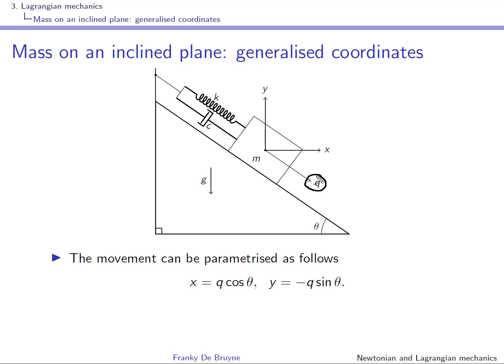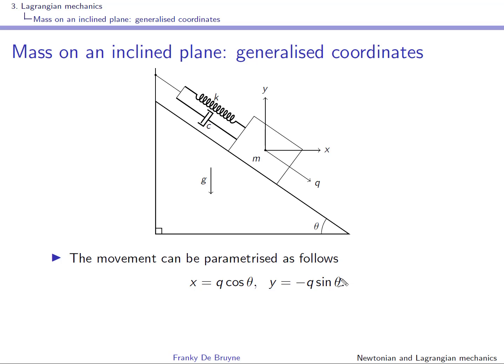And if you would use the standard Cartesian reference frame XY, you can look for a link between XY and Q. And in this case, it's kind of obvious that it's given by these equations. So these are transformation equations that allow you to go from the generalized coordinate to the Cartesian coordinate.